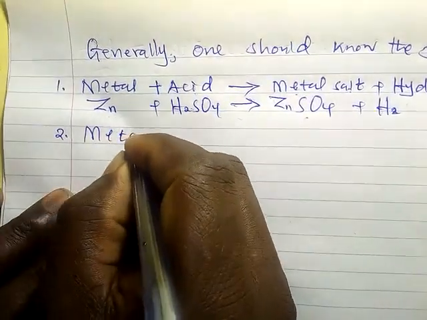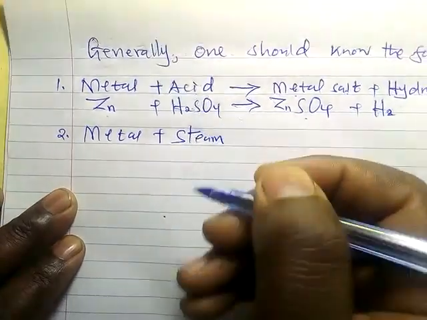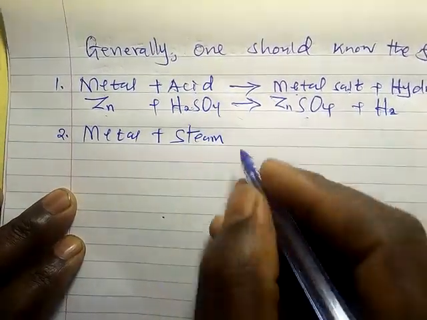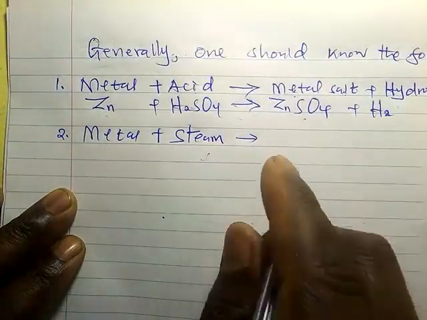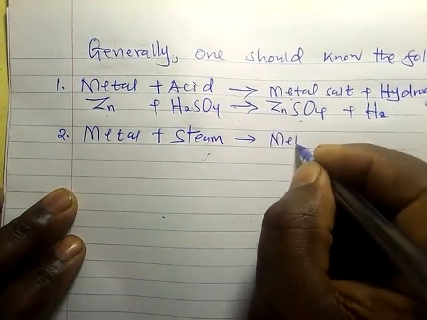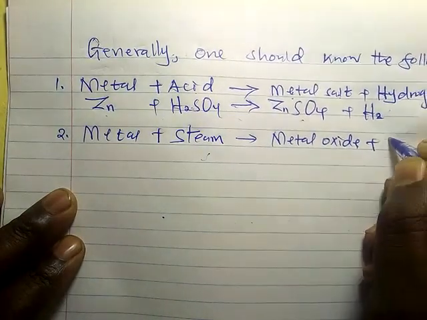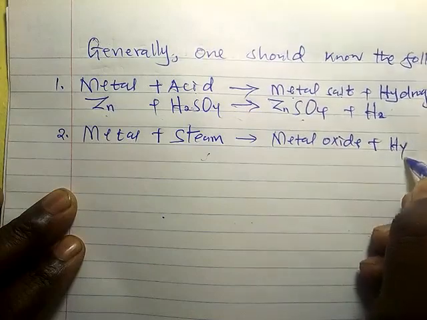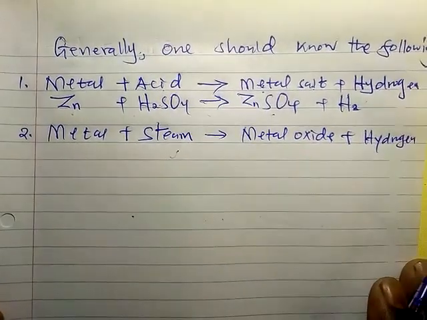Number two, metal plus steam. Steam is water but in vapor form. So what does it form? A metal plus steam, you should know that it forms the metal oxide plus hydrogen gas, right?